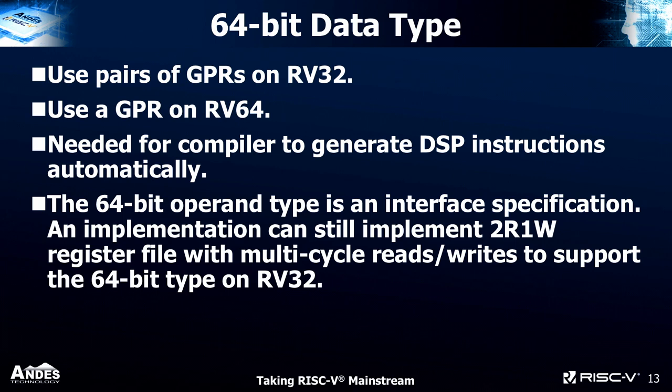The 64-bit operand in the instruction is actually an interface specification. The implementation can still implement a 2-read, 1-write register file, and use multiple read cycles to read and write the register file to support the 64-bit data types. And you still get a performance improvement over the baseline operations.